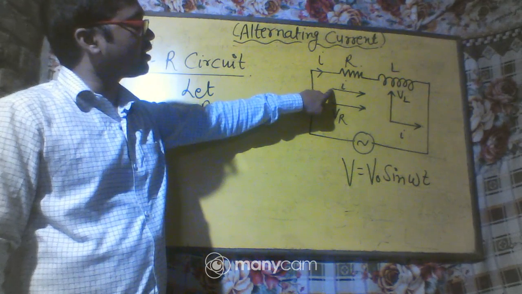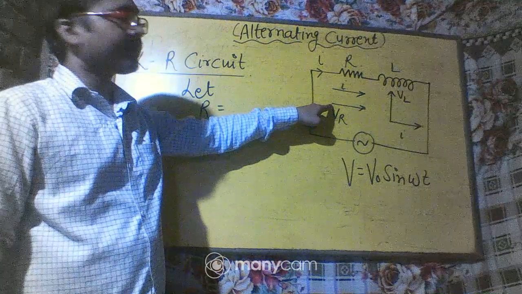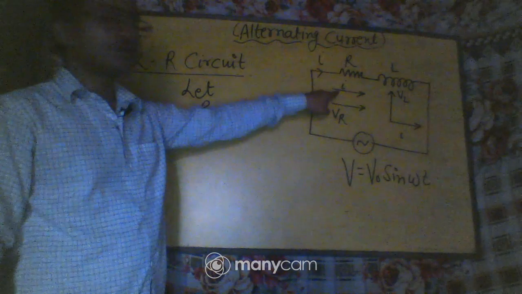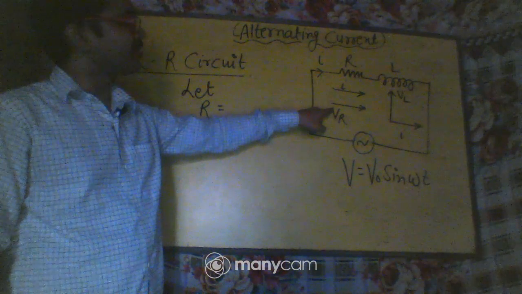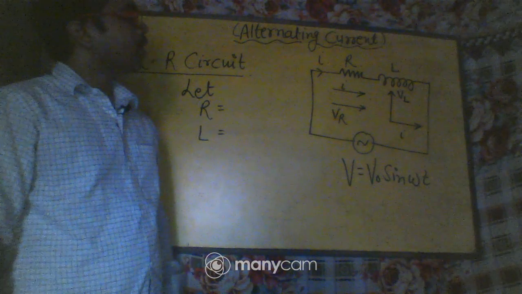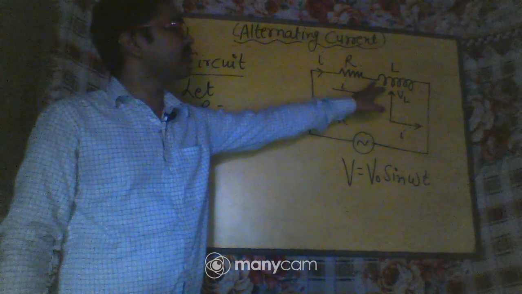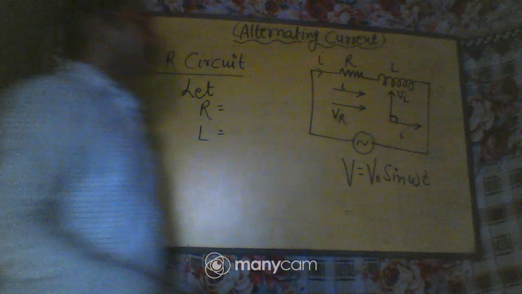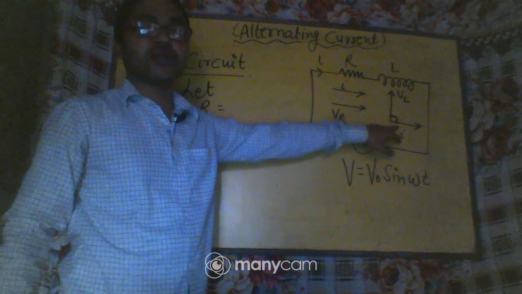In a pure resistive circuit, the phase difference between the current I and the potential difference VR is 0. In a pure inductive circuit, the phase difference between the potential developed across the inductor and the current is 90 degrees, as shown here. The phase difference between VL and I is 90 degrees.